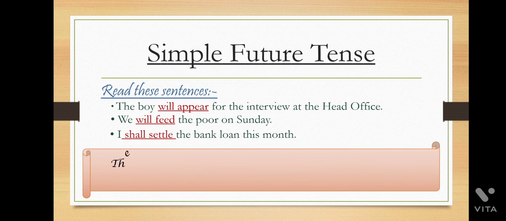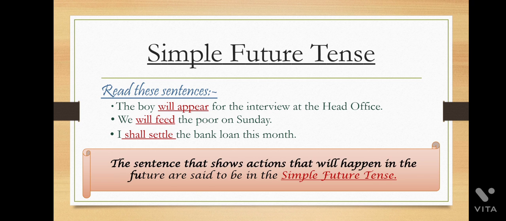And the definition is: the sentence that shows actions that will happen in the future are said to be in the simple future tense. So the action that is going to happen, that will happen in the future, is said to be in the simple future tense.